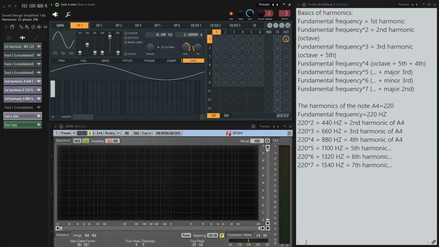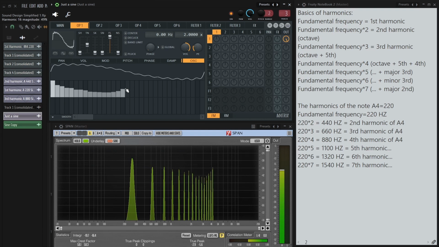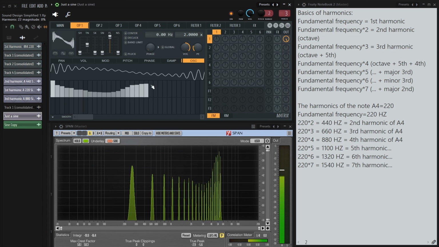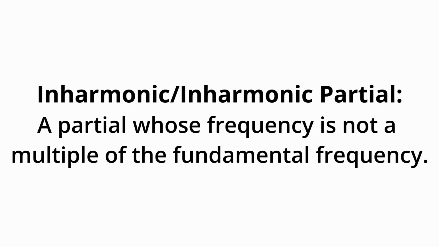So a quick example of harmonic partials would just be adding in these sine waves. So let's just listen to this. And those are harmonics. If the frequency of a partial is not a multiple of the fundamental, then it is called an inharmonic partial. This is more common in metallic sounds and quote-unquote unnatural sounding sounds.